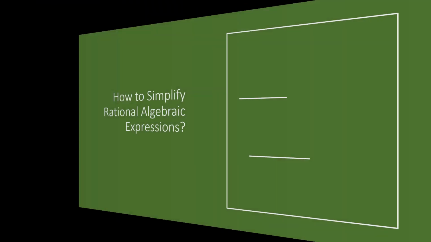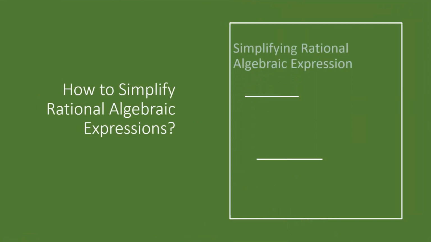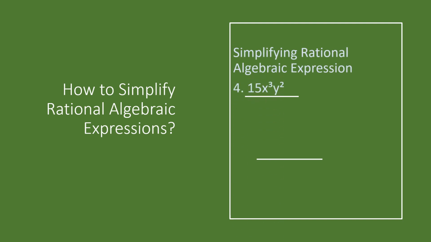Next, 15x cubed y squared divided by 5x squared y squared. Okay, so 15 divided by 5. And then we can expand that as 15 times x times x times x and y times y for y squared.